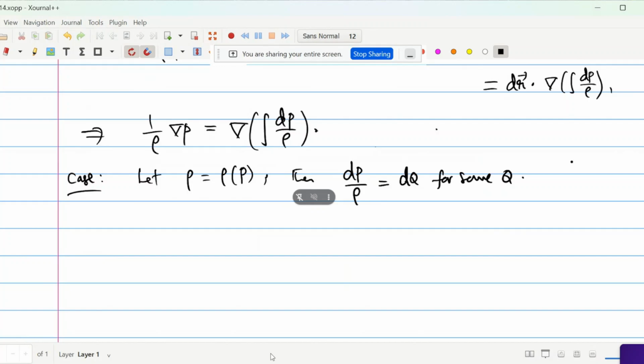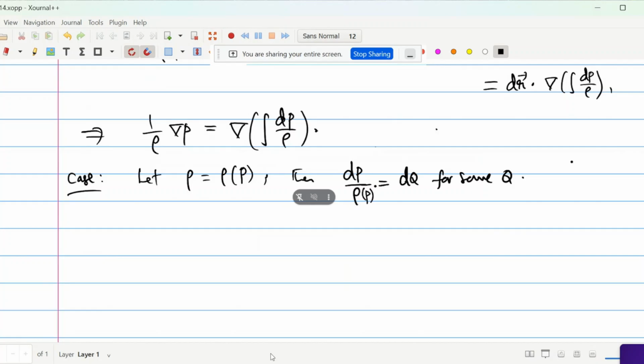Rho is rho of P. So dP by rho of P equals, let us say, d of some perfect function.